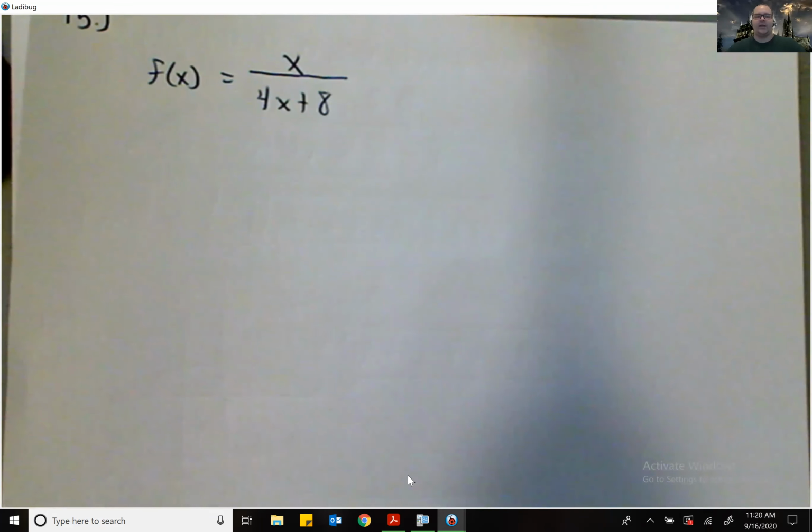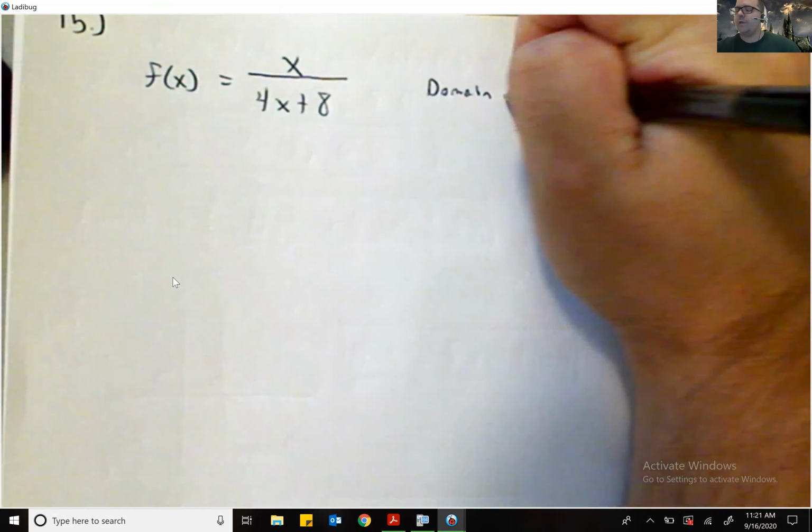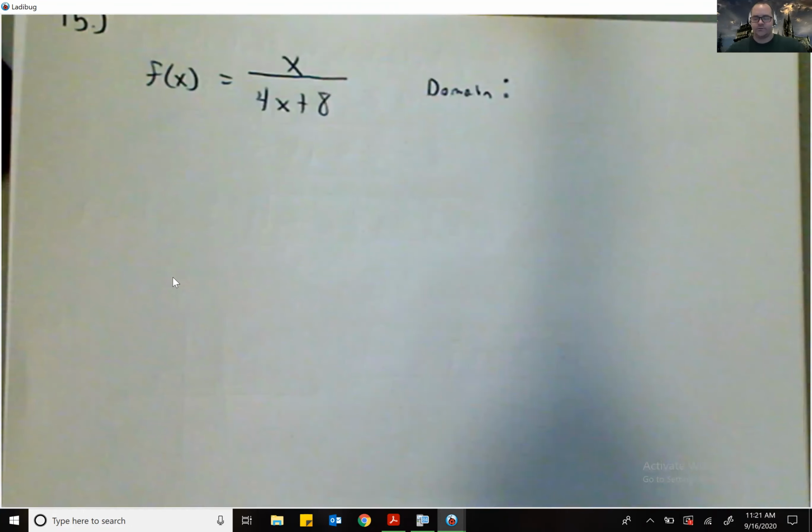Unless we have one of 2 types. Unless it looks like what we call a rational. Rationals look like fractions. Or it has a radical in it, a square root, in other words, or a cube root.